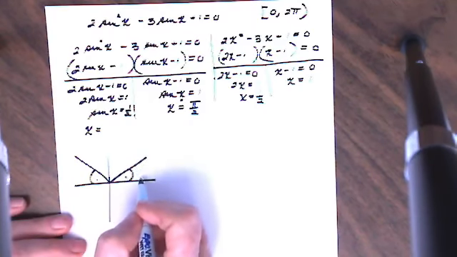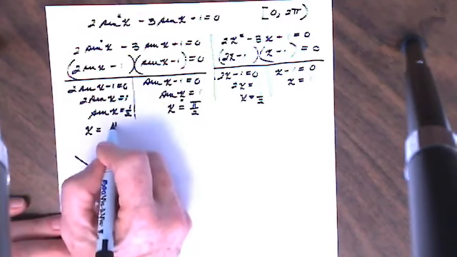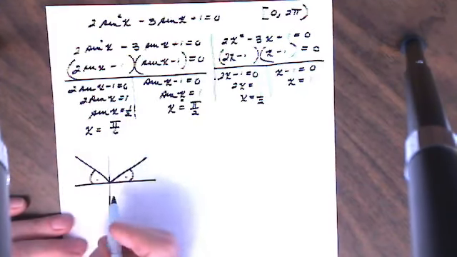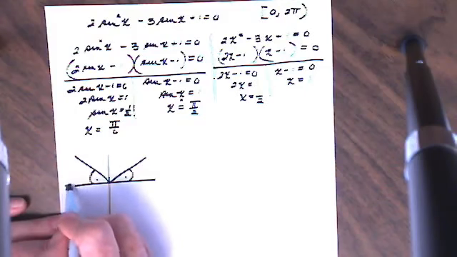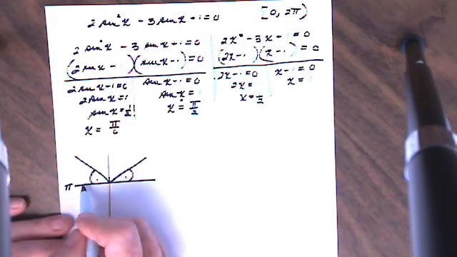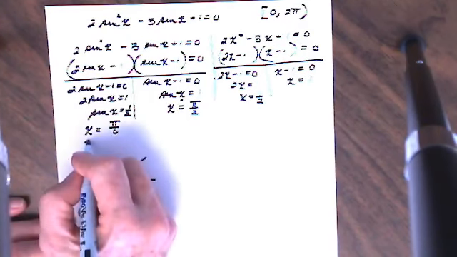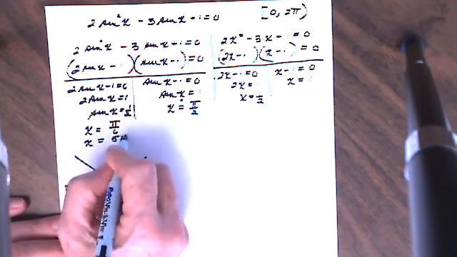The angle in quadrant 1 that produces a positive ratio 1/2 is 30 degrees, or pi over 6. Since the quadrant 2 angle is less than pi units big, I subtract pi over 6 from pi, and I get 5 pi over 6.